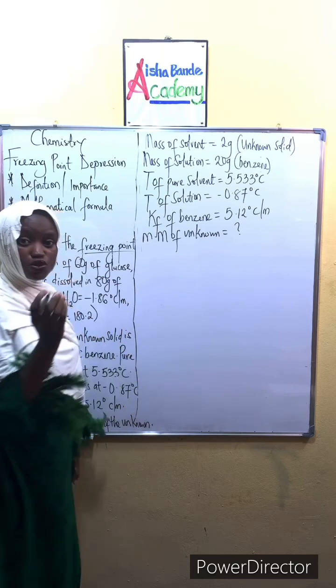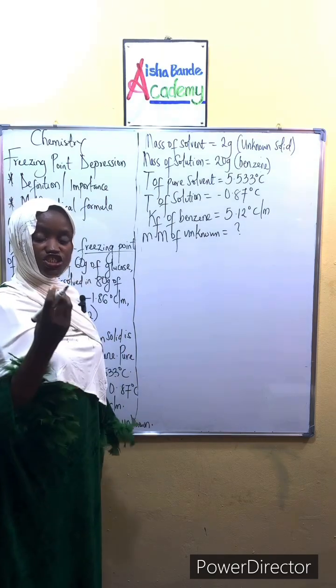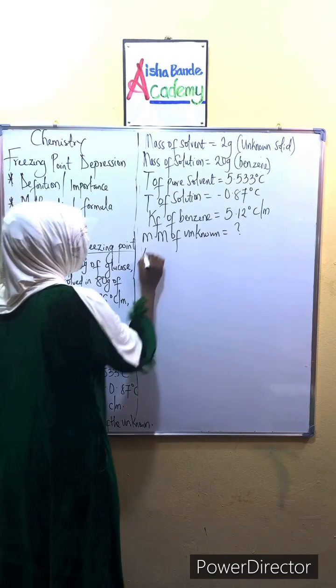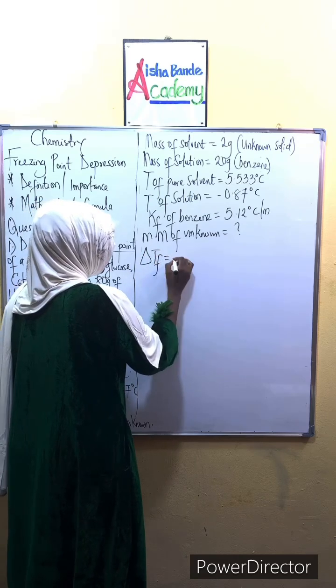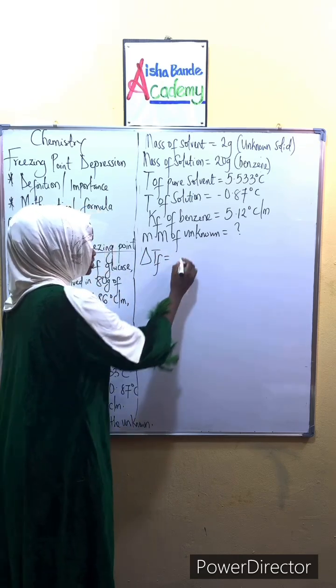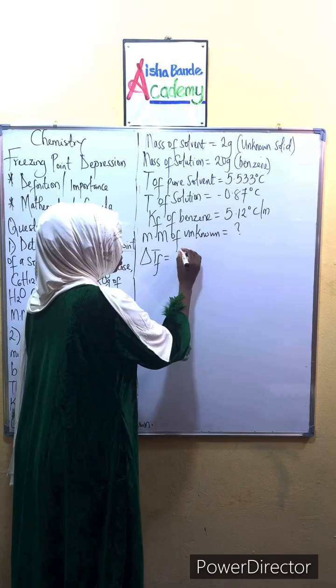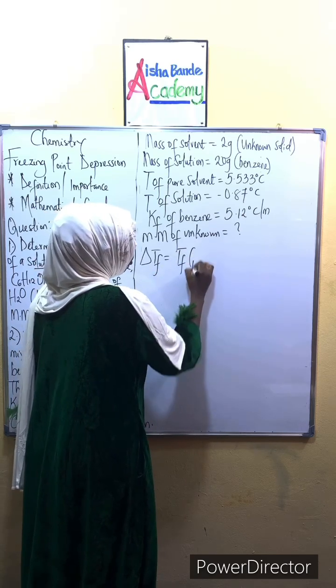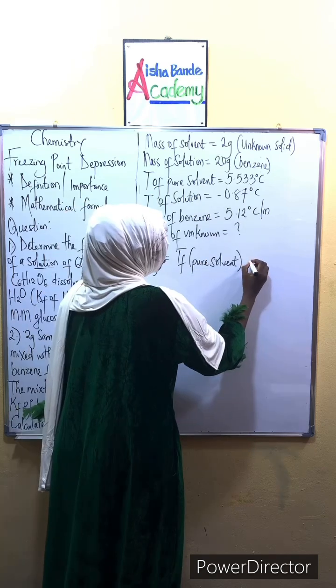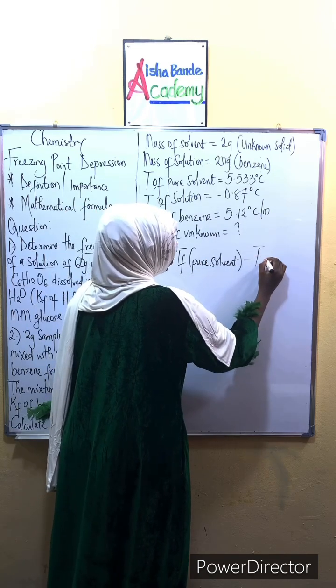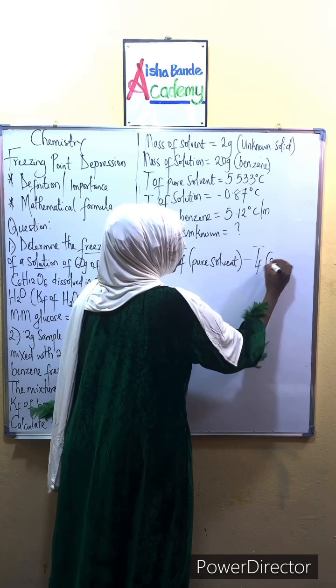The first step we need to find here is the change in Tf. We have a relation which says that change in Tf is equal to the temperature of the pure solvent minus the temperature of the solution.